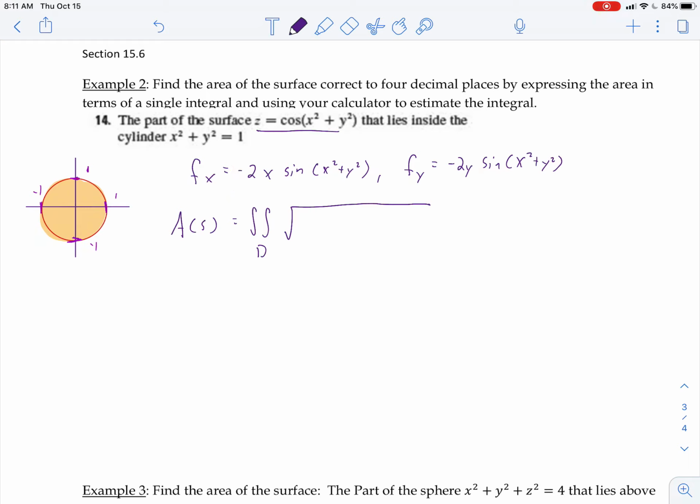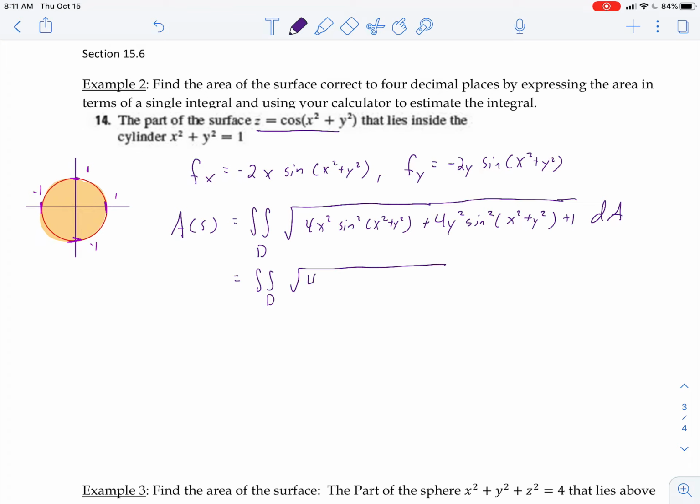Let's square the partial of x just to save some room: that's 4x squared sine squared of x squared plus y squared, plus do the same thing with the partial of y, 4y squared sine squared of x squared plus y squared. And then I also have plus 1, dA.